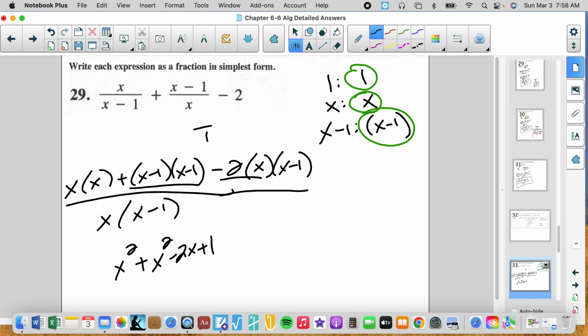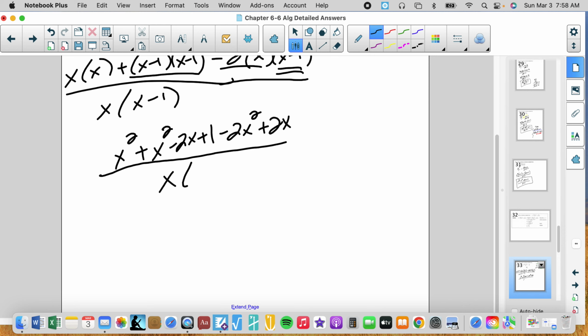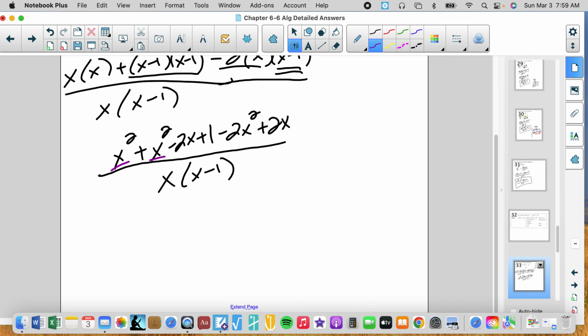And then that's negative 2x times this, which is negative 2x squared plus 2x all over. I'm not going to distribute that, because I'm hoping that I might be able to factor that numerator, and I can't cancel things being added and subtracted. So these x squareds actually cancel.